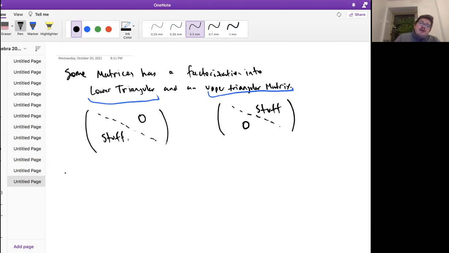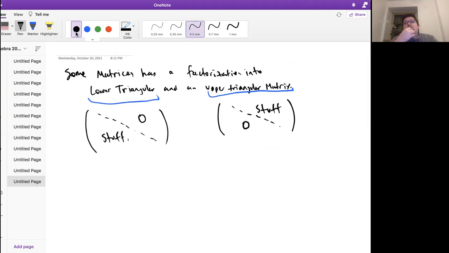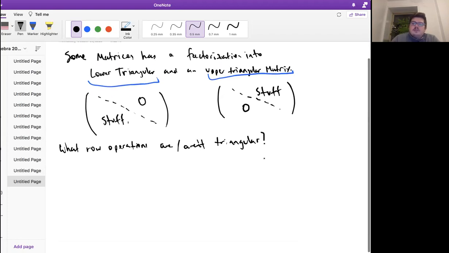So we already kind of know this based on what we were talking about. Actually, you tell me, can you think of what row operations are or aren't triangular? Let's just do 2 by 2s.